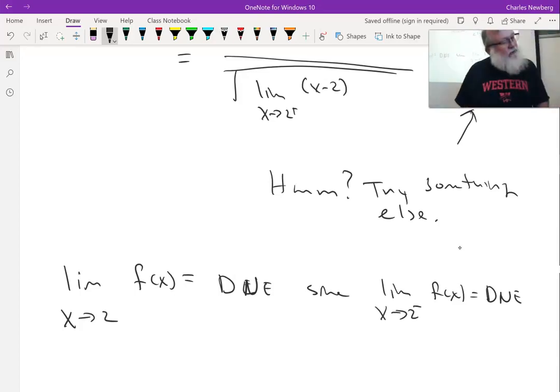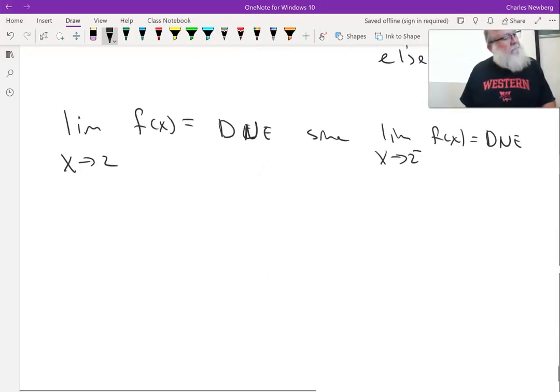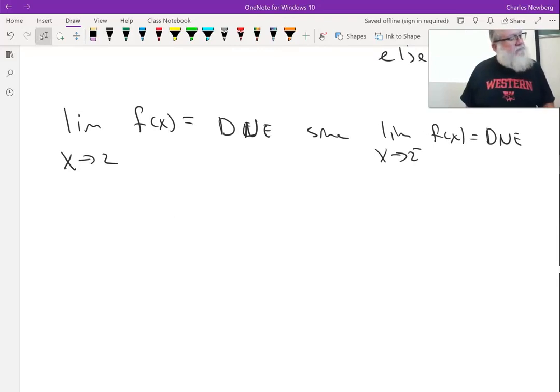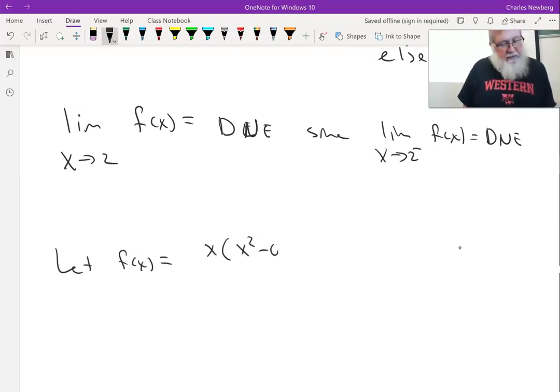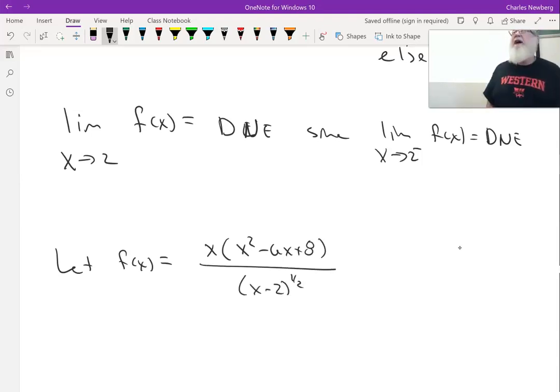All right, now let's look at this one. Let's take the function to be x squared minus 6x plus 8 over x minus 2 to the 1/2 power.